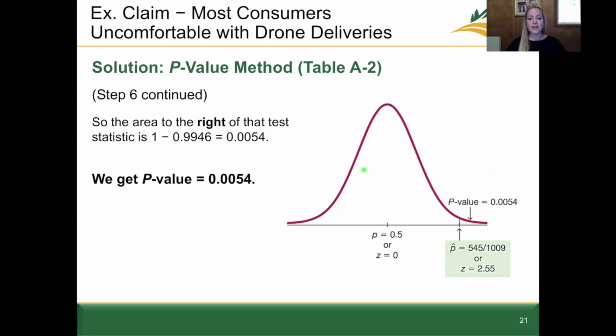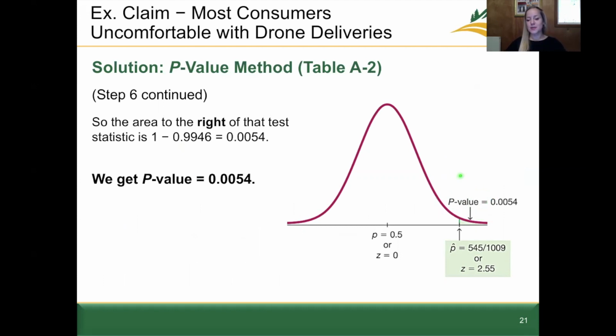When we calculated our test statistic, our z-value, we were approximating our data as a normal distribution. From that test statistic calculation, we got a z-value of 2.55. Then our p-value is the area to the right of that because we're dealing with a right-tailed test. So then we found this area to the right to be equal to 0.0054.